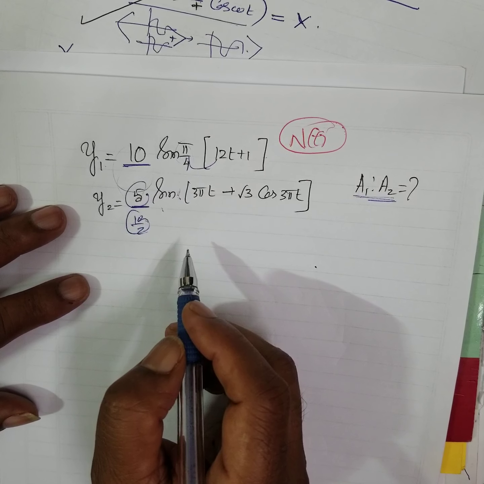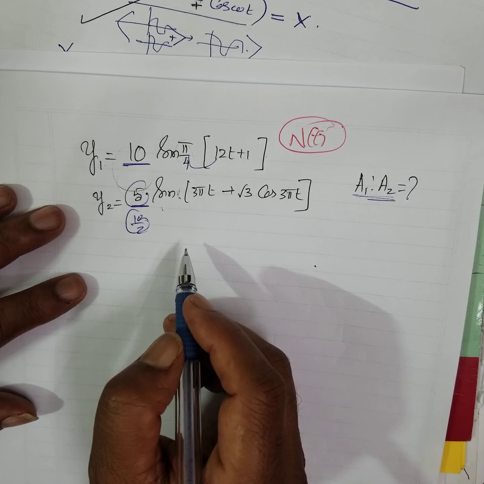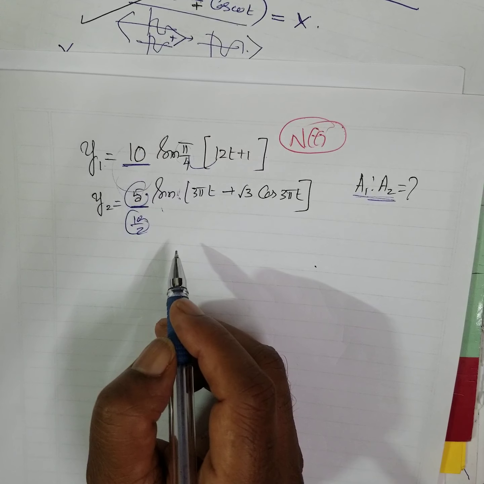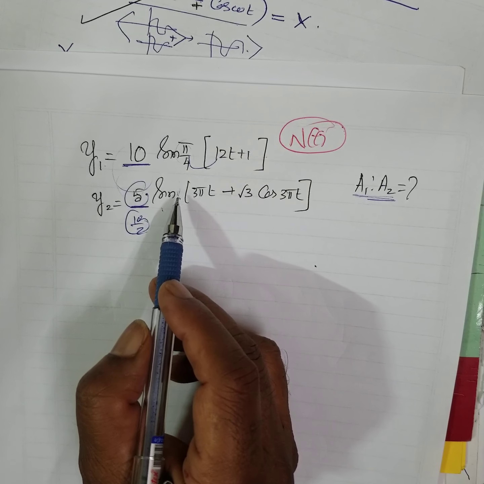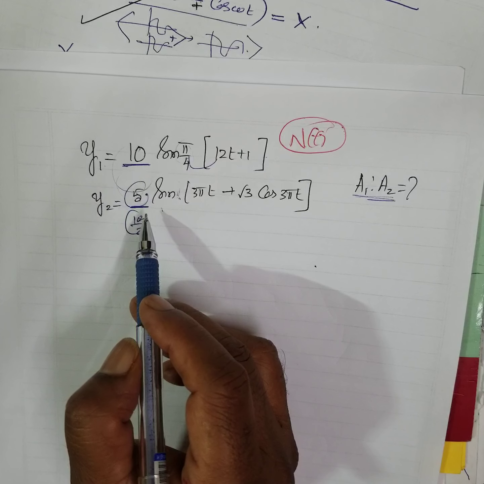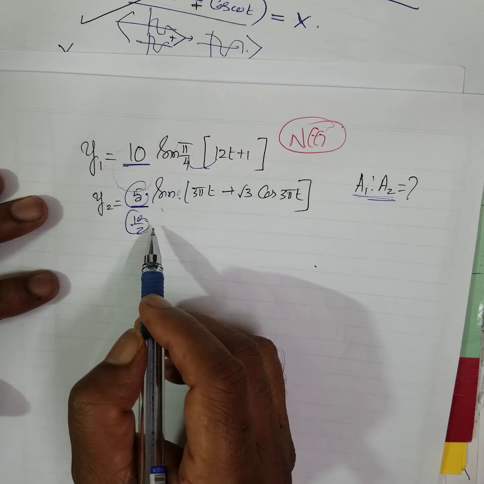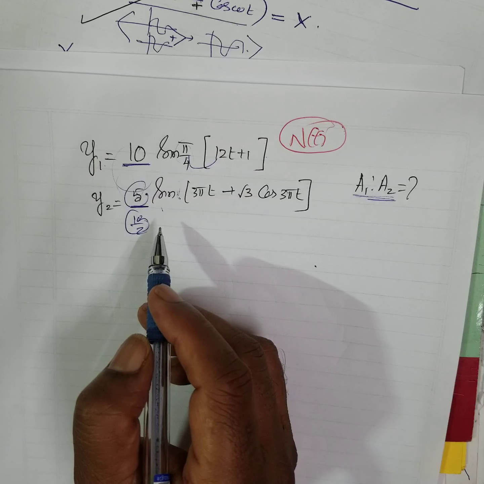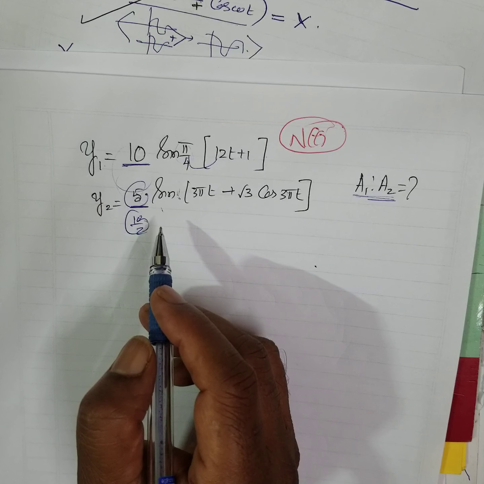Understood? Therefore, how do I take the 5 by 2 to 10? Is it really possible to take that half inside? No, it is very difficult.